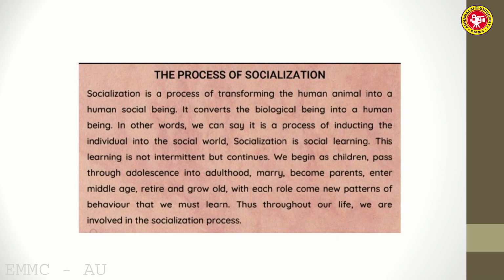Socialization is a social learning. This learning is not intermittent but continuous. We begin as children, pass through adolescence into adulthood, marry, become parents, enter middle age, retire and grow old.